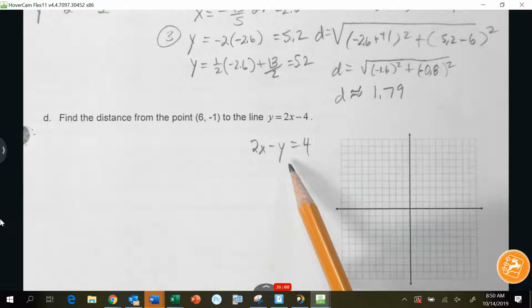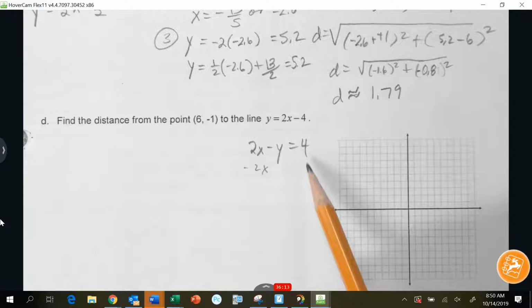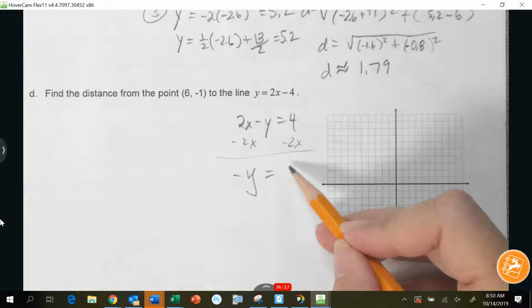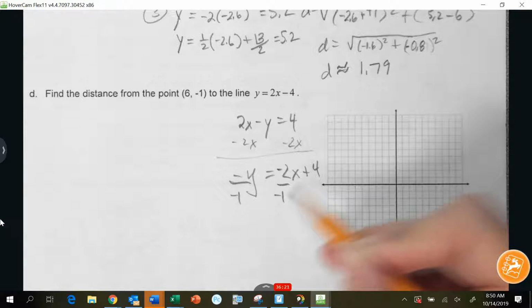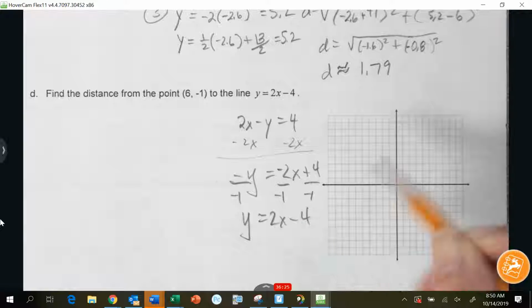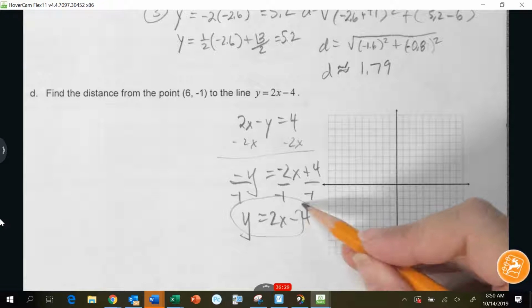Lynn? I would just have to rearrange this first by subtracting 2x, and then dividing everything by -1 to get y equals 2x minus 4. And then I would use this equation for everything that we just did. So that's the only difference.